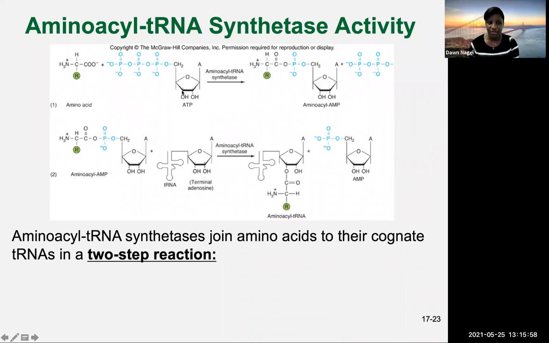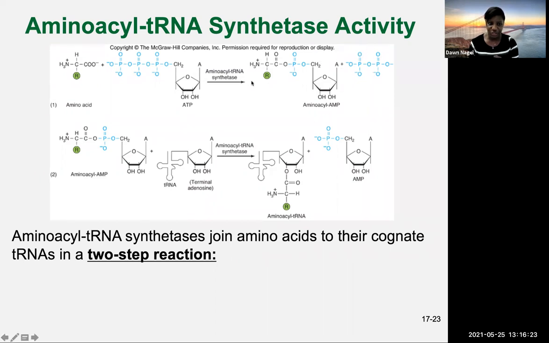And so ATP, with the help of a particular enzyme called an aminoacyl tRNA synthetase, adds this phosphate group to this amino acid, right? So it adds a single phosphate, a monophosphate. So you have this AMP with these phosphate groups. The other two phosphates go away, okay?